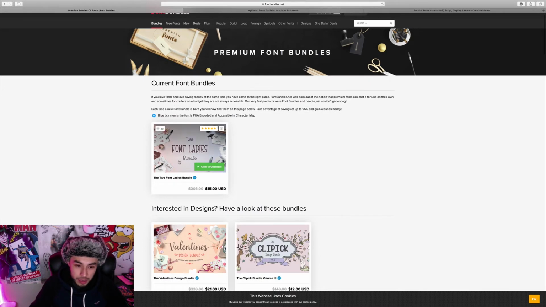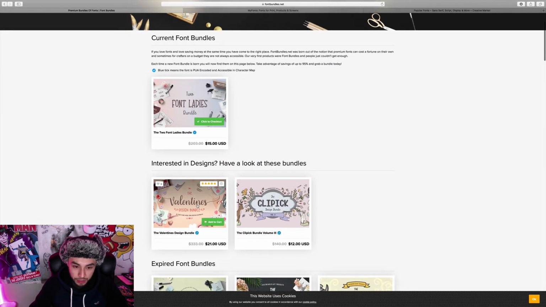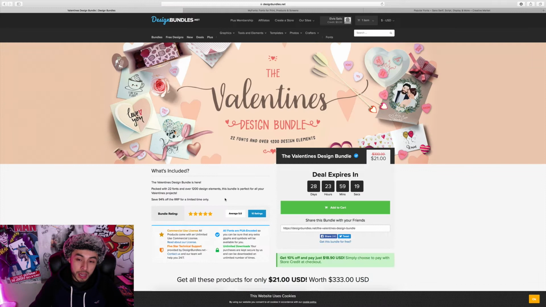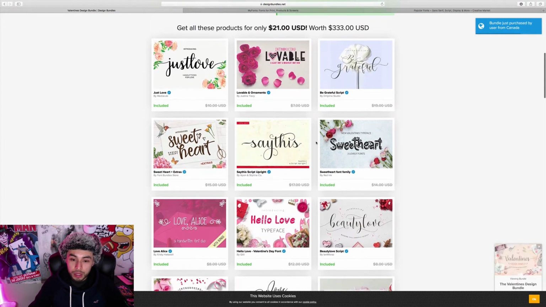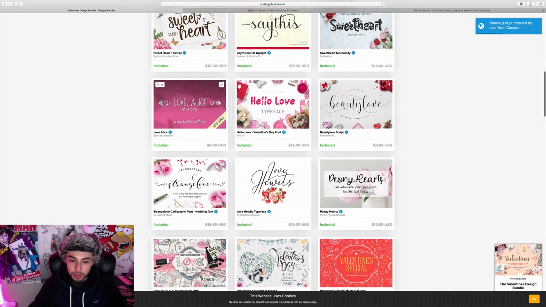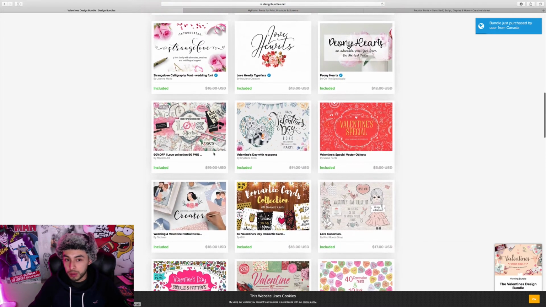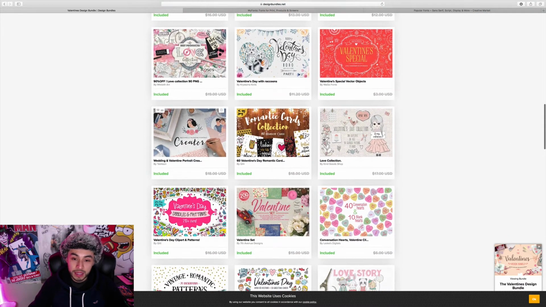So yeah, like right here, let's see this one, the Valentine's design bundle. So Valentine's is coming up, right? You need to create a lot of designs that are feminine, with a lot of curves and hearts and stuff like that. This bundle will probably contain all that. You get all these fonts right here, all these script fonts, which can be used to create Valentine like letters.